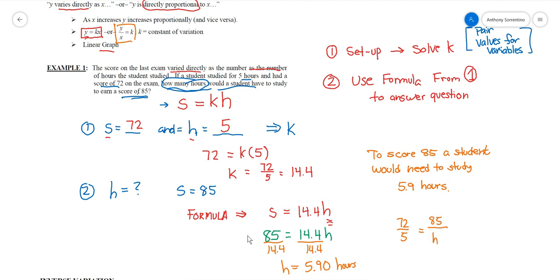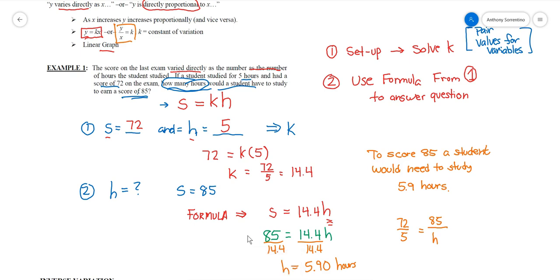But this goes into cross multiplying and things that we haven't discussed extensively yet. We're going to talk about cross multiplication a little bit more when we start solving rational equations. But if you know how to do that, if you solve this, you'd get the same 5.9 that we got before. So that's the first type of variation you're going to encounter.